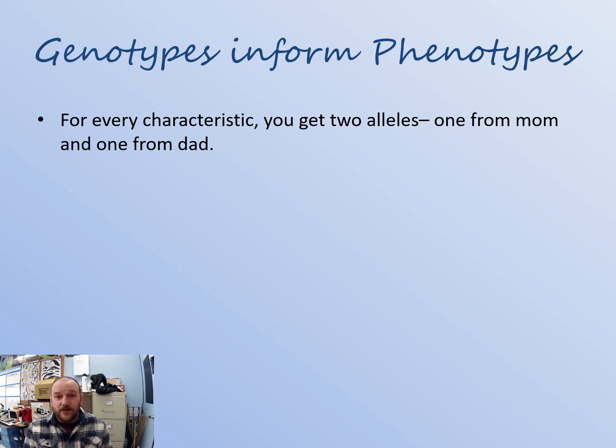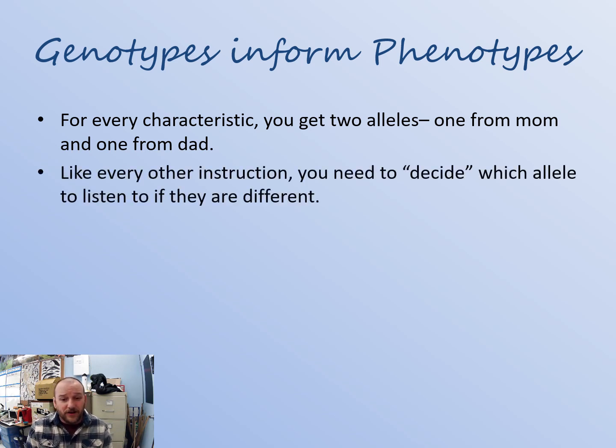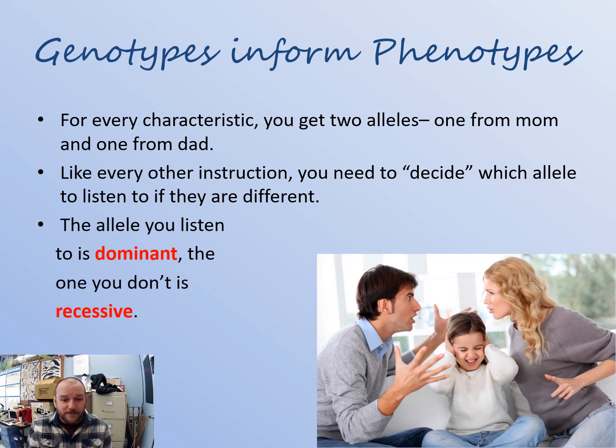You have one that you got from mom and one that you got from dad. So your phenotype has to resolve the fact that you have two sets of instructions. Like every other instruction, you have to decide which allele to listen to if they're different. It's simple if they're the same, but when they're different, that's when we get the interesting stuff. Once again, the allele that you listen to, if you have copies of both, is what we call the dominant, and the one you don't is called recessive.